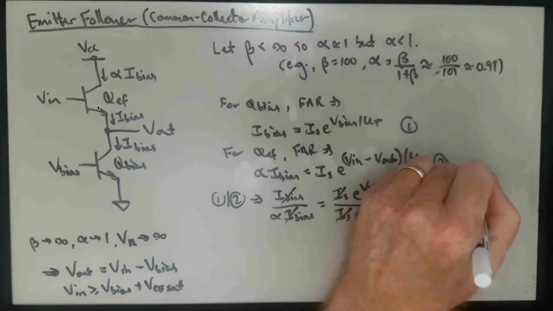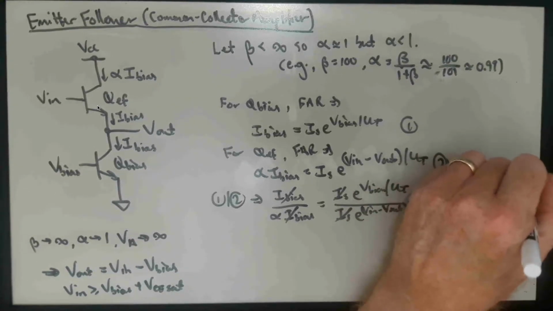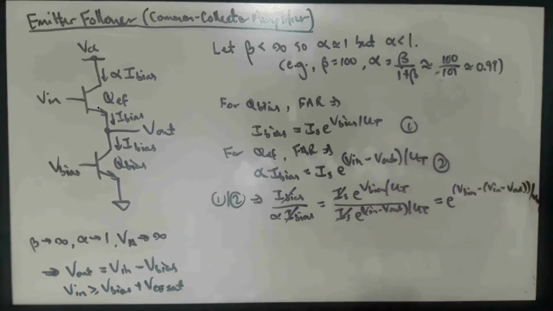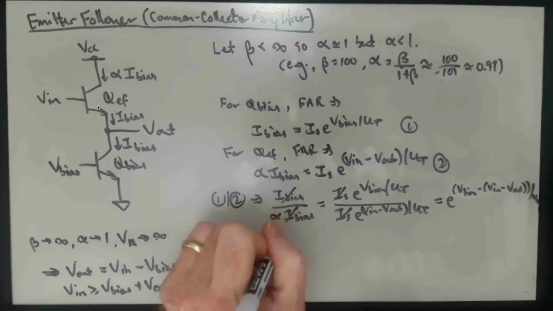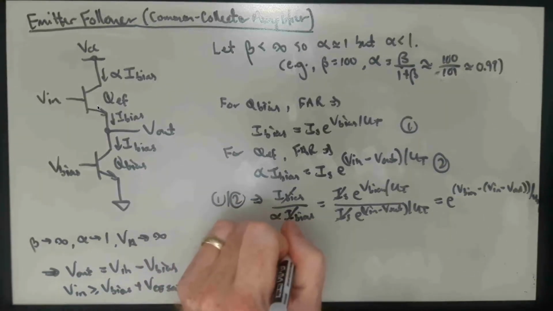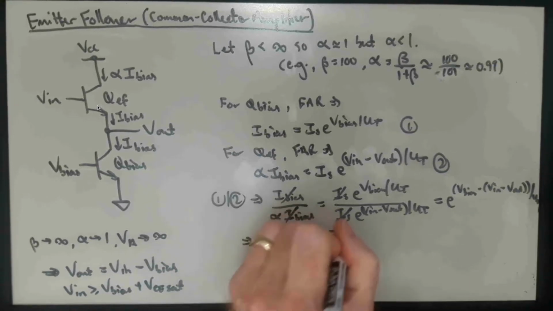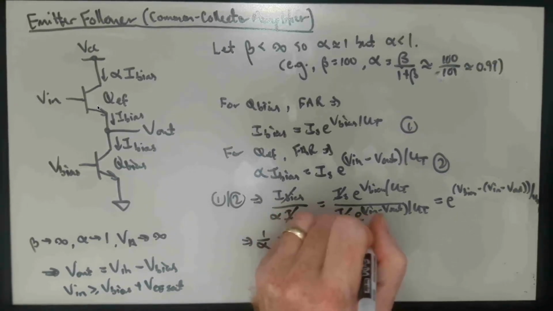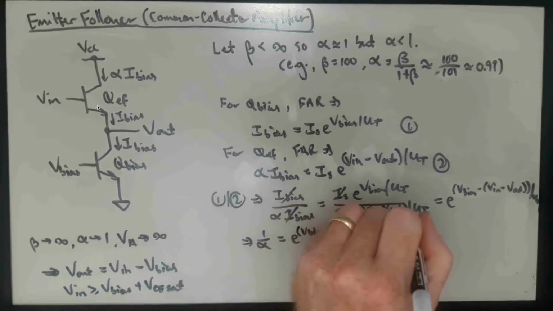V bias minus V in minus V out over UT. Not much better, but so we have on the left-hand side 1 over alpha. On the right-hand side we have e to the V bias minus V in plus V out over UT.